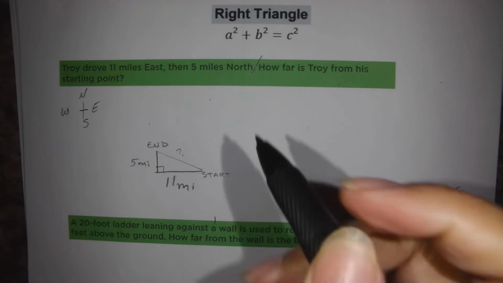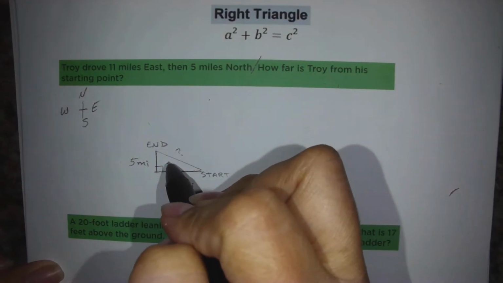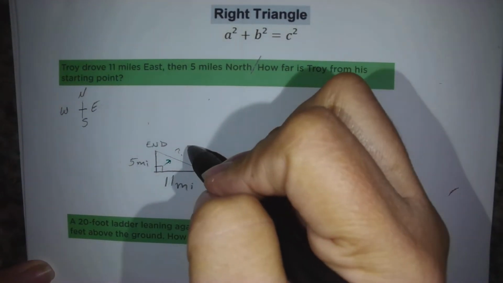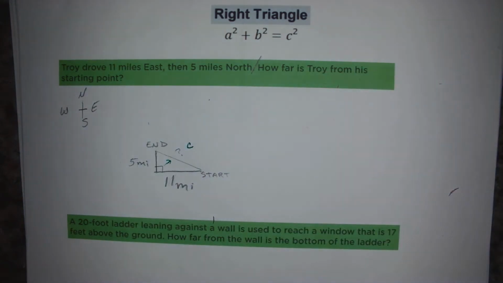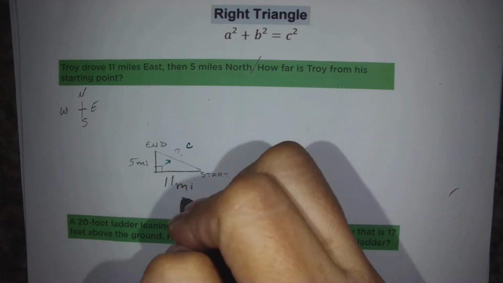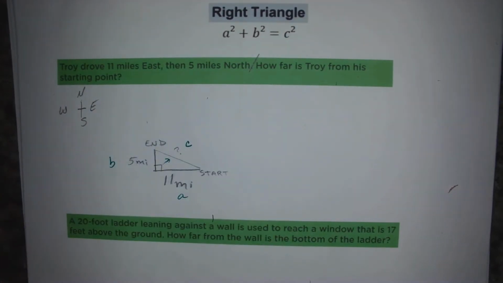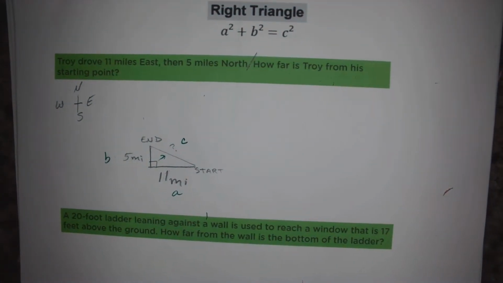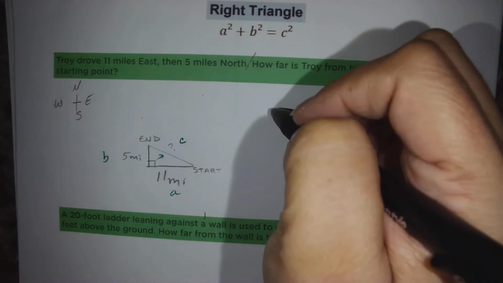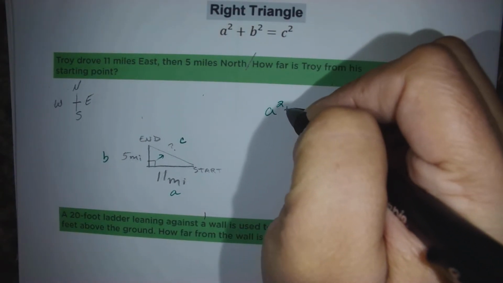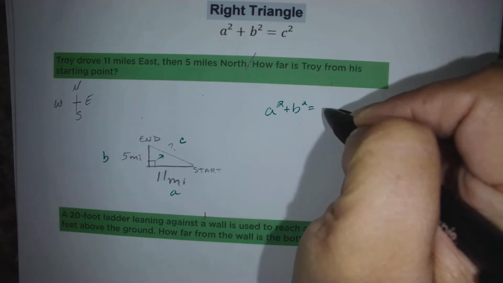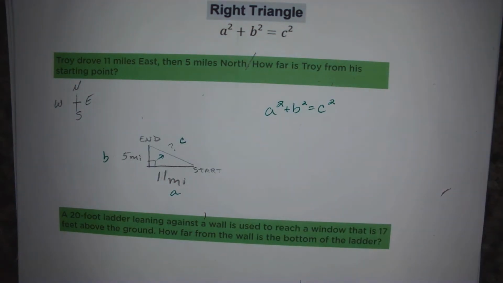So we're going to go ahead and draw the arrow coming out to point to the hypotenuse, which is C. And it doesn't matter what the other two sides are. They can be A and B. I have my Pythagorean theorem, which is a squared plus b squared equals c squared.